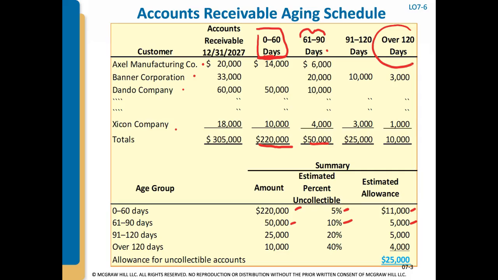When you get to the very last one, anything over 120 days, which in this example is $10,000, it's a high likelihood that that account receivable will not be collectible because it should have been collected already, so you can see that these percentages keep going up as the days go up as well. So in this example, the allowance for uncollectible accounts should be $25,000 based on a December 31st balance in your accounts receivable of $305,000.